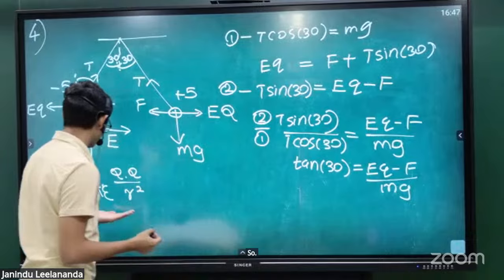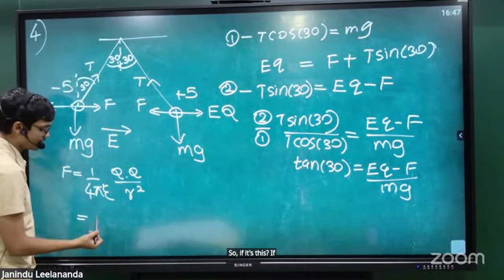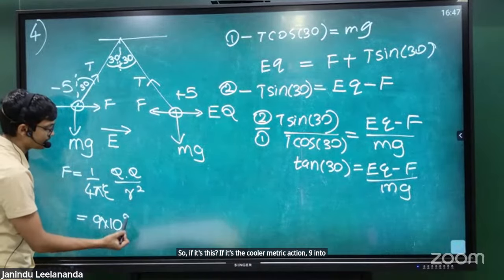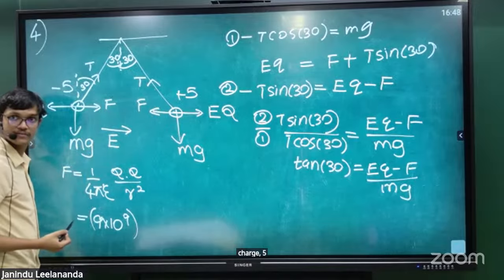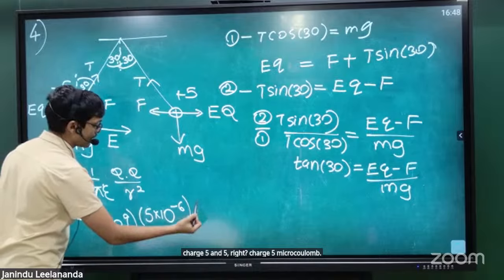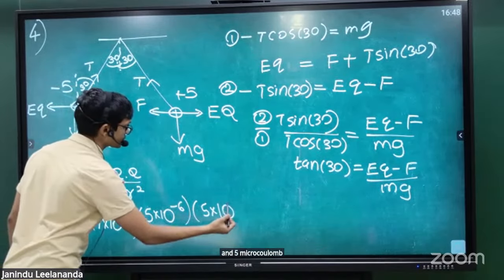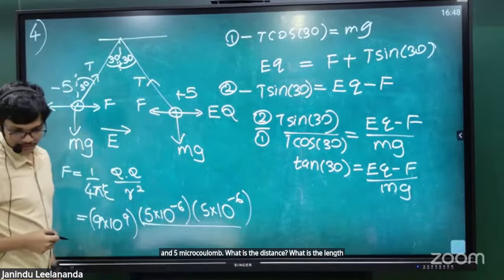So F is the Coulomb attraction, 9 into 10 to the power 9, charge 5 and 5, right? Charge 5 microcoulomb and 5 microcoulomb. What is the distance? What is the length of the string?